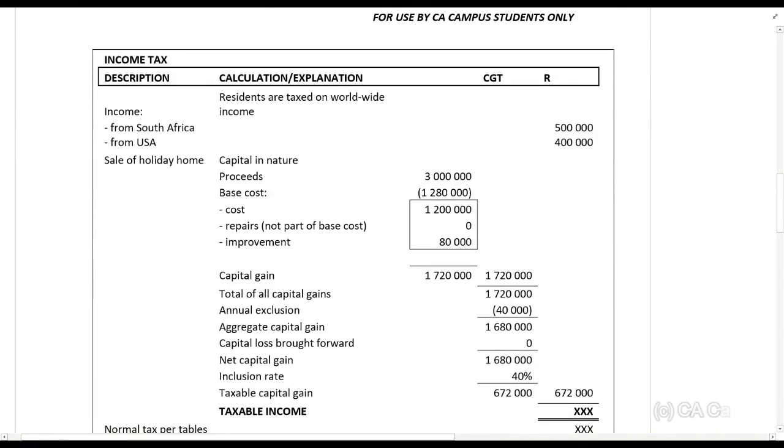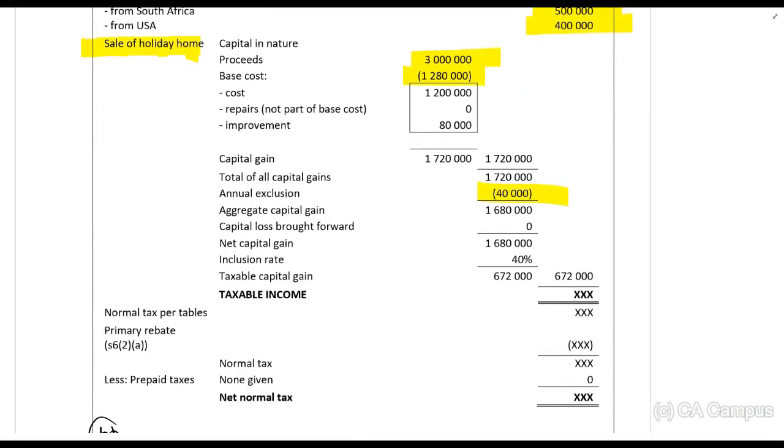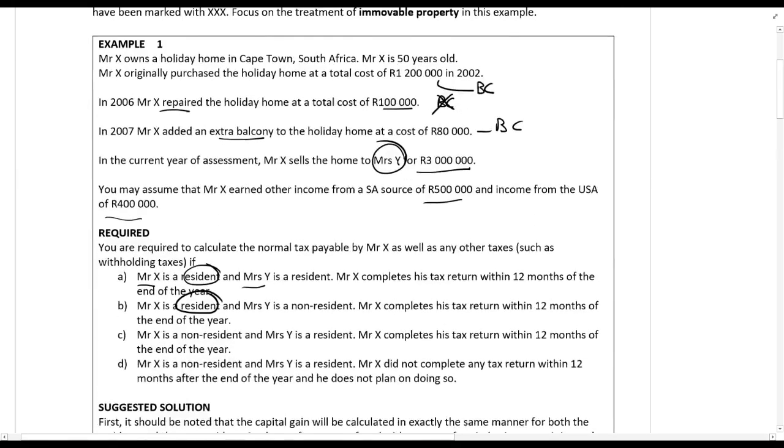You add the income received, you do a capital gains calculation, which is proceeds less base cost. There's the annual exclusion, all of these things. These are things that you should have seen at least sometime in your life. We'll go into a lot of detail. So calculate the taxable income, tax per tables, deduct the rebate, and that's it. That's situations A and B.